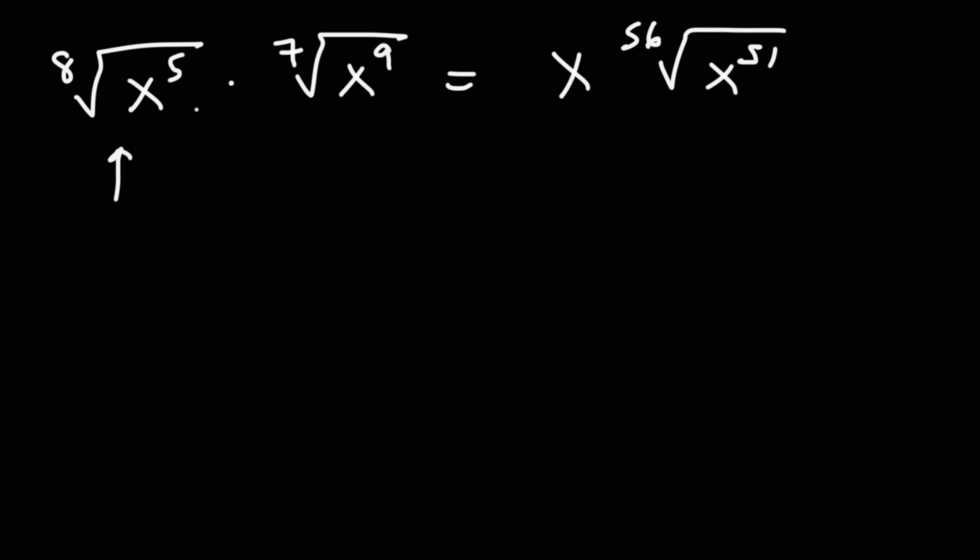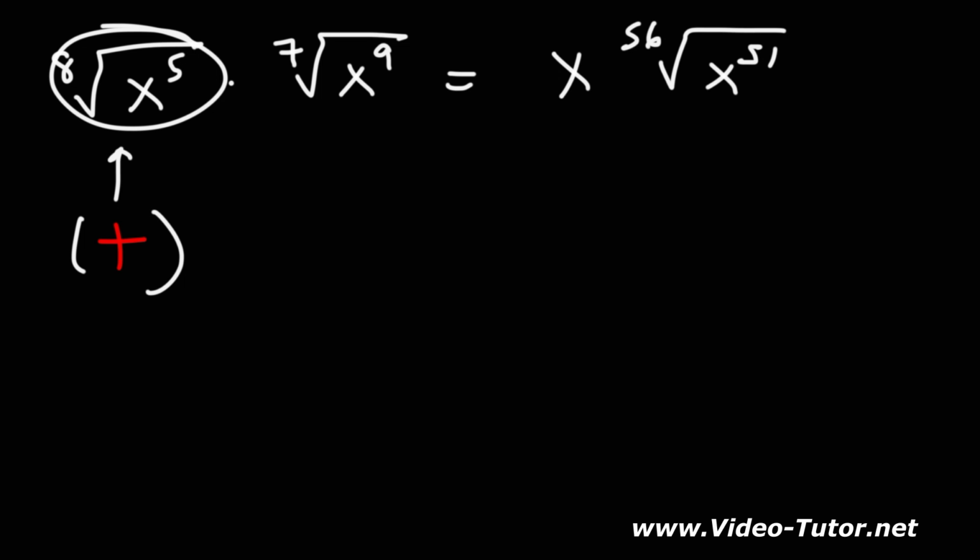So this term is always going to be positive. The reason for that is we have an even index number. So after you raise this number to the 5th power and you take the 8th root, it should be positive. Now, if x is negative, we're just going to have an imaginary number associated with that term.